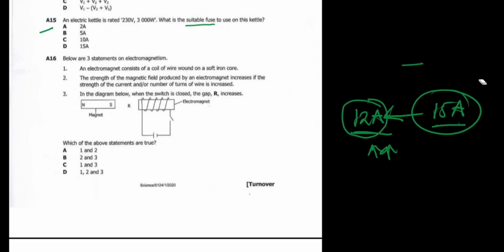So with that in mind, what we have to do is, since we are looking at the rating of the fuse, then we have the voltage and also the power. So we can go ahead and calculate the current. So current is going to be given by power over voltage. And in this case, current is going to be, what is the power here?